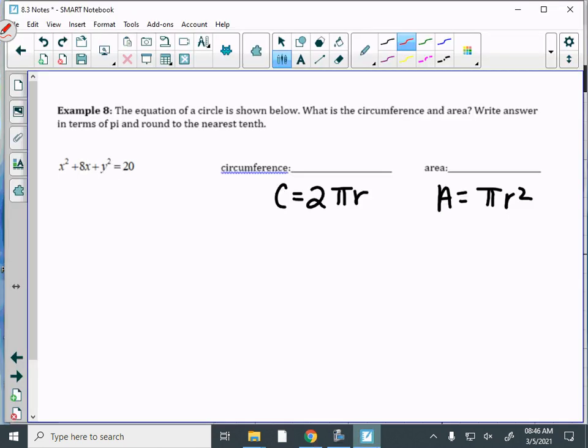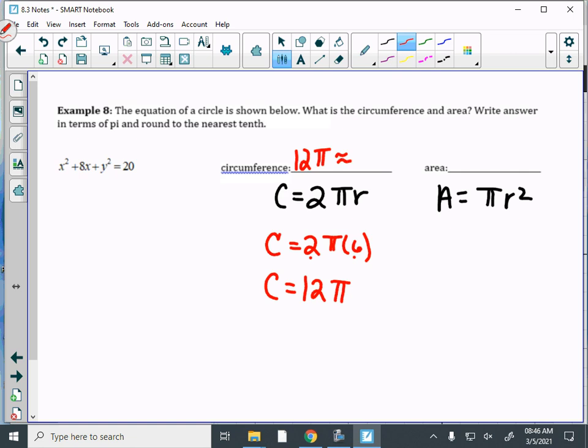Cut it in half. So then you just take 6 and plug it in for r in both equations. We want the exact answer and we want the rounded answer. So to get the exact answer, just multiply the numbers. 2 times 6 is 12. So 12 pi is the exact answer.